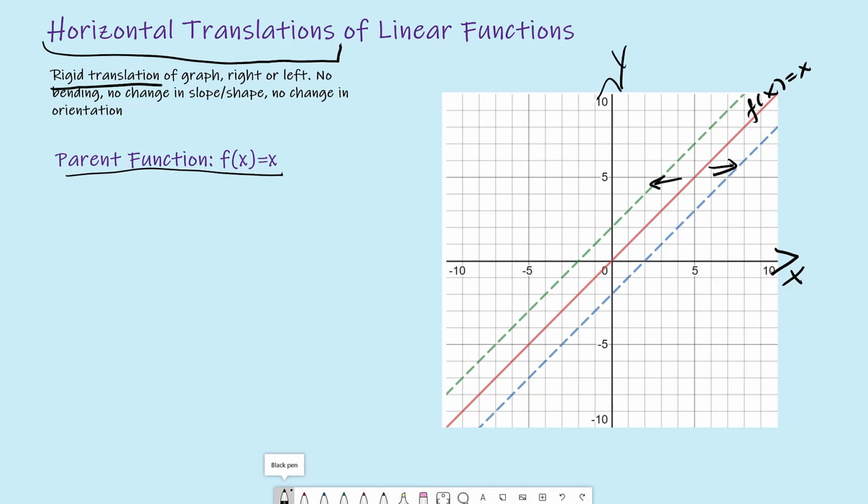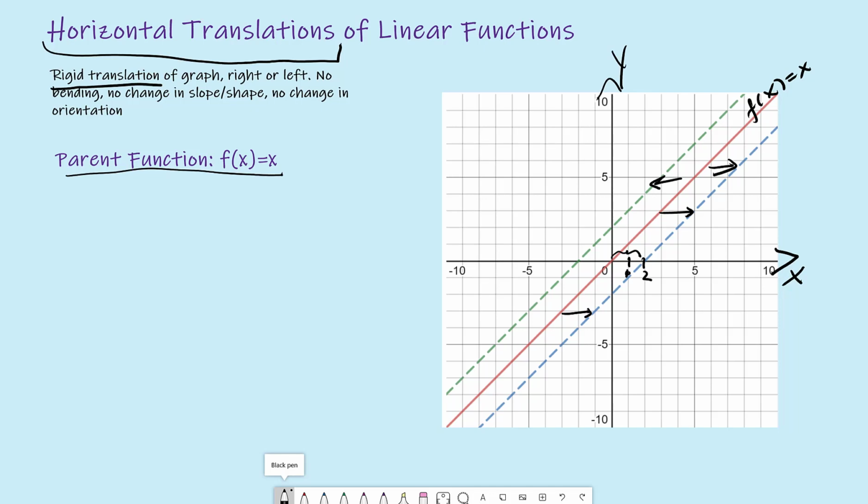So when we do a translation, basically what we're doing is looking at a transformation of our variable x. In this case, we are moving from the red curve to the blue, we're moving right by an amount of 2, right? 1, 2. So we've moved this entire graph to the right by an amount of 2.